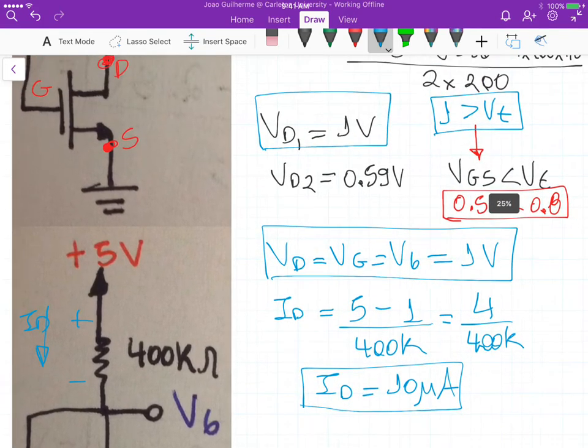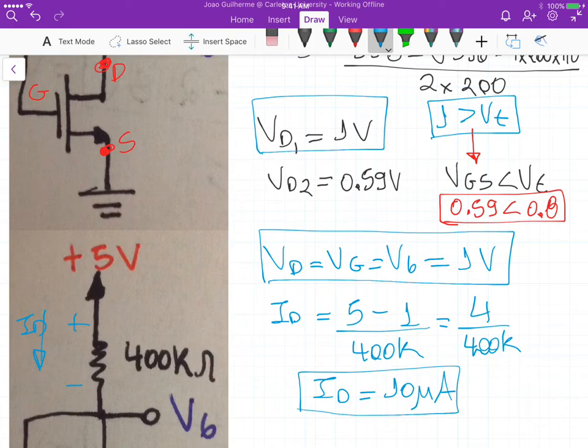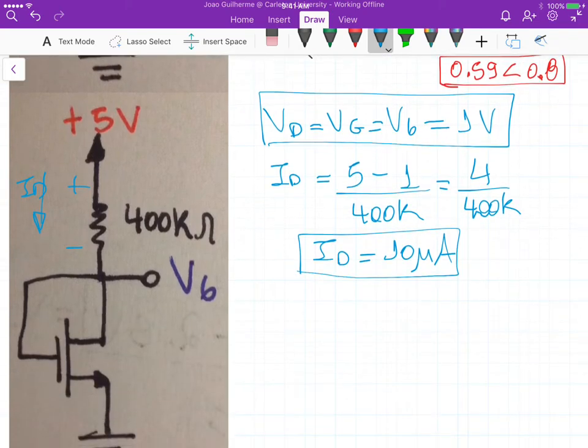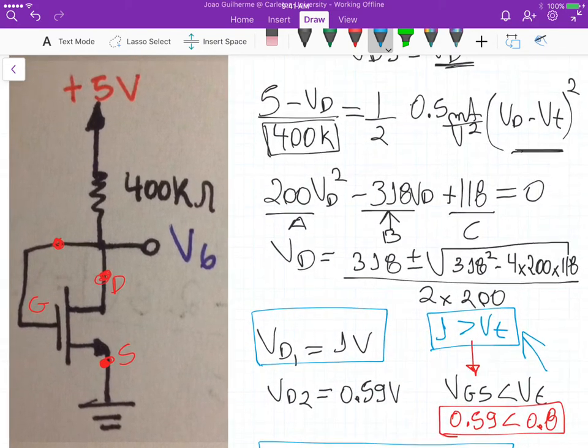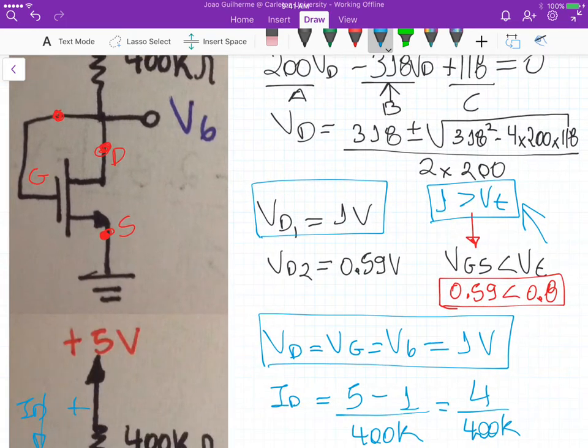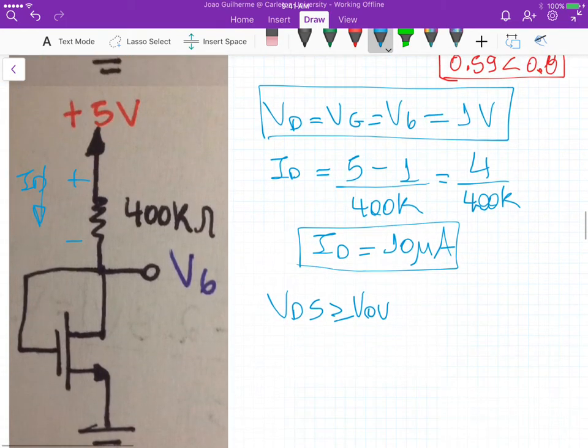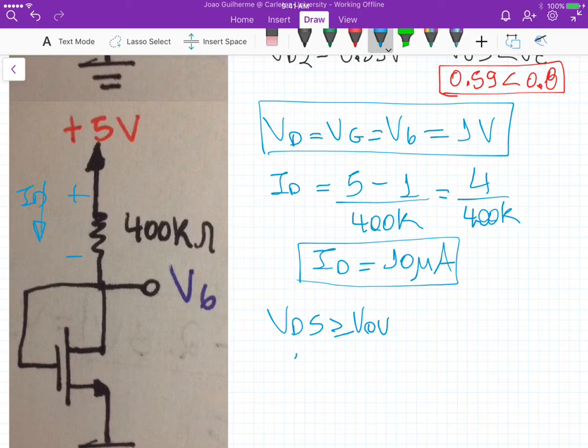Now, the first condition, VGS greater than VT, is satisfied. So let's verify the second condition, that VDS should be greater than the overdrive voltage, right? Did we calculate the overdrive voltage?